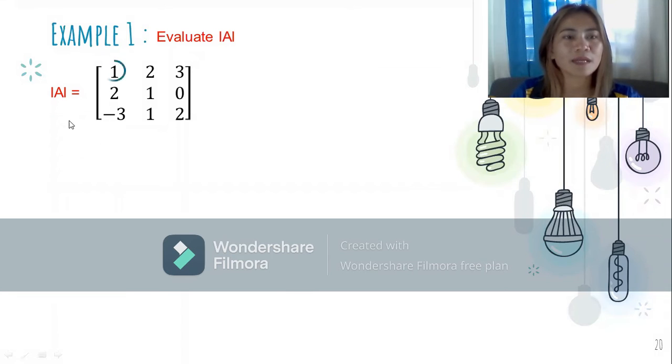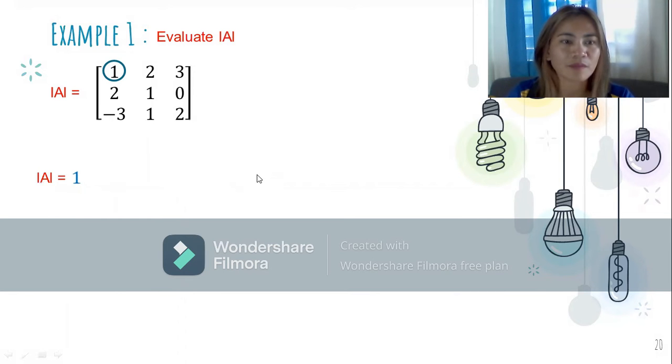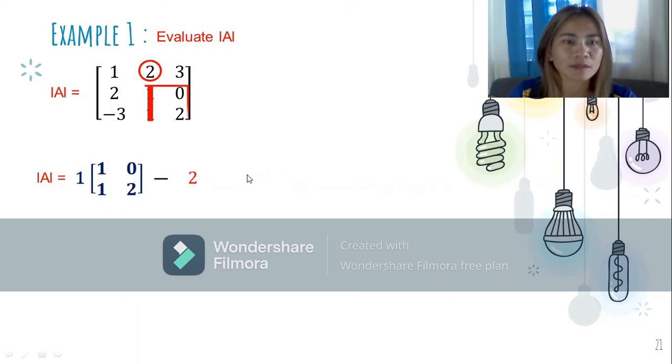Example: get the determinant of this matrix. We're using the same matrix as in the example for the Saros rule. Let us see whether we have the same answer. So get this element 1, then the determinant of this times the determinant of this element. Minus 2, take out 2, then the determinant of this.